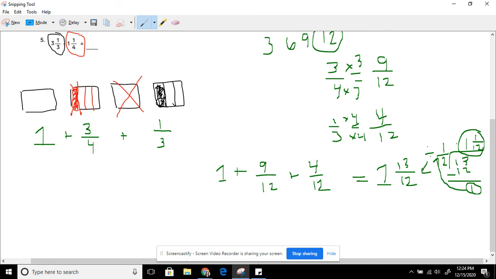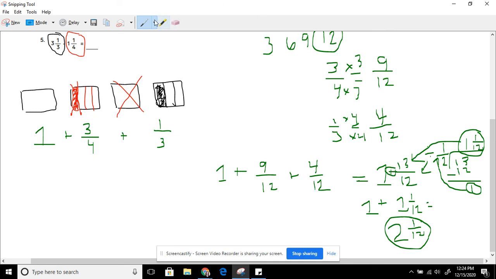Okay, that's not our final answer. That's what 13/12 is equal to. Remember, in between a mixed number is an addition symbol. So now we've got 1 plus 1 and 1/12, which is equal to 2 and 1/12. There's our final answer.